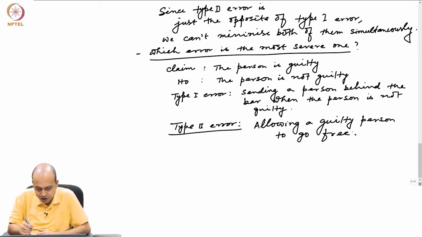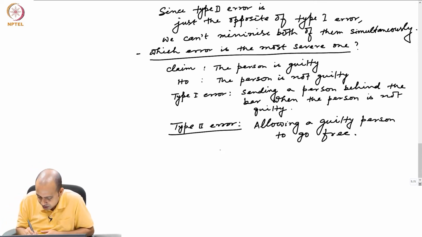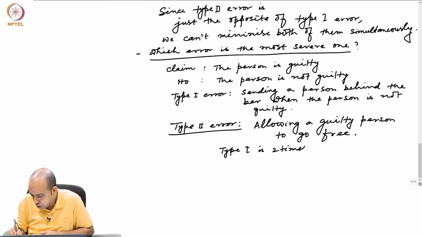Why is this so? Because in the first case, you are not only sending an innocent person behind the bar, you are allowing the actual guilty also to go free. This person is caught out of the suspect, but the person who is actually guilty is moving around.